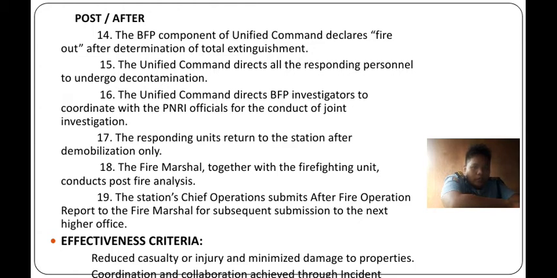The fire marshal together with the firefighting unit conducts post-fire analysis. 19. The station chief of operations submits after fire operation report to the fire marshal for subsequent submission to the next higher office. Effectiveness criteria is the same as 5, 6, 7, and 8.